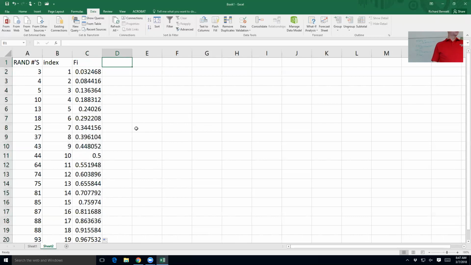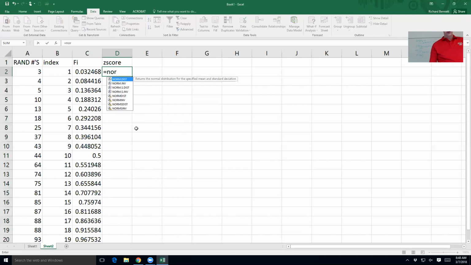Find the z-score. How do I do that? Equals NORM.S. It's NORM.S what?